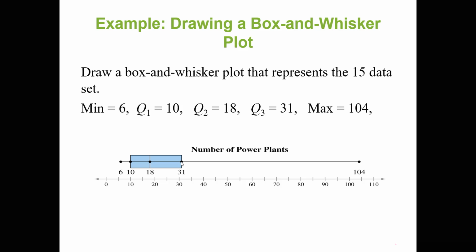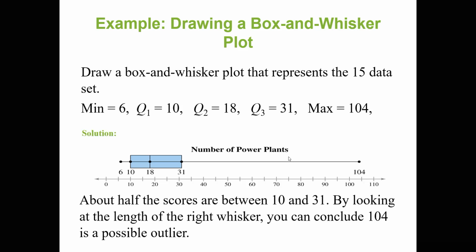So your interquartile range will be 31 minus 10, which is 21. So basically the distance from here to here is 21. And you can clearly see just from this plot what we're saying. So about 25% of countries have 10 or less. About 50% of them have 18 or less, 75% or less have 31, and here you have some extremes.